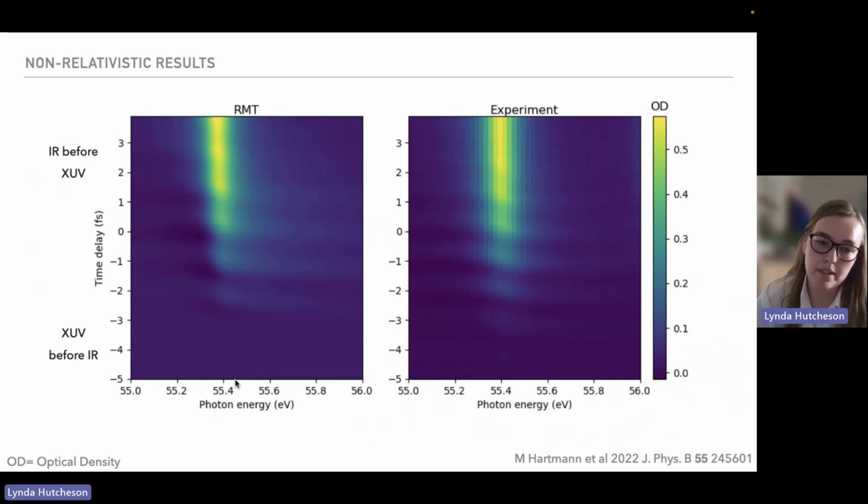As we move from time delays where the XUV arrives first to time delays where the IR arrives first, we get this absorption line building up. And that's what we expect, because we need the IR to come along and strong field ionize to create that hole in the 5p shell for the XUV then to promote a 4d electron into.